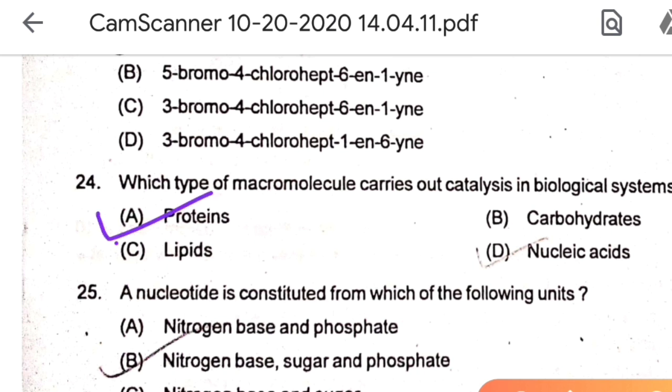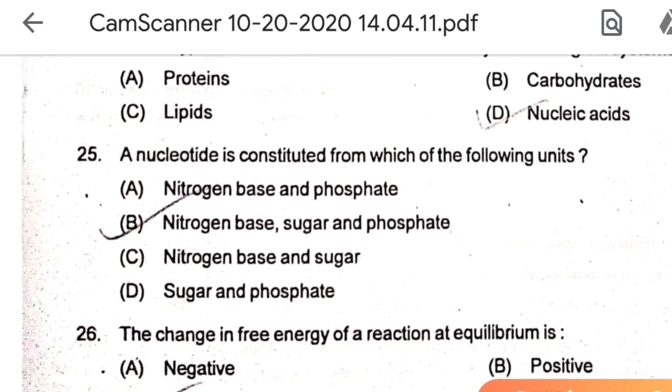Okay, next question is, a nucleotide is composed of which of the following units? Okay, so you know nucleotide is formed by the combination of nitrogen base, sugar and phosphate. So the correct answer for this particular question is B. This is a direct question from your textbook, so you know it.